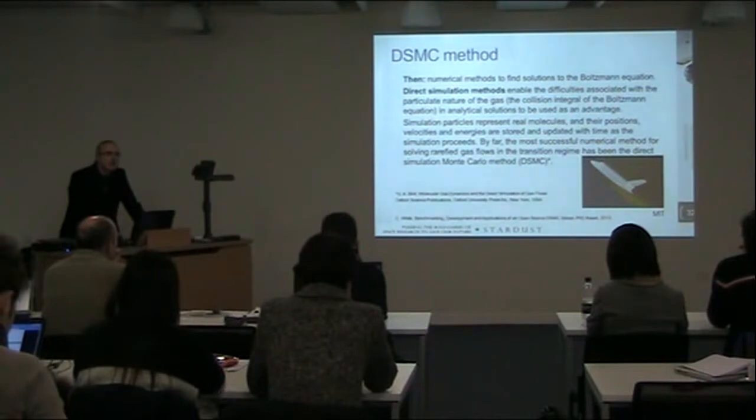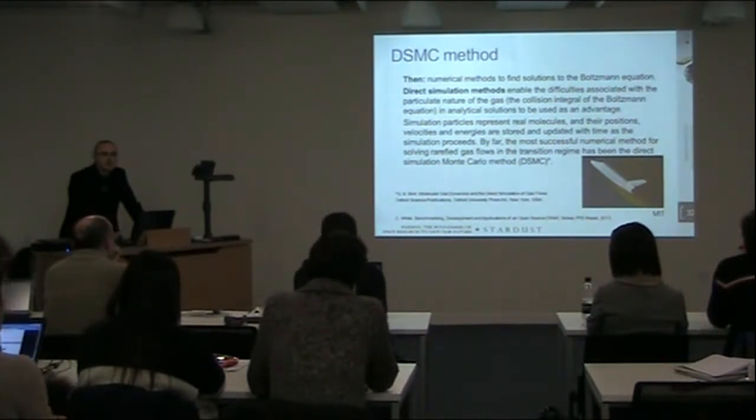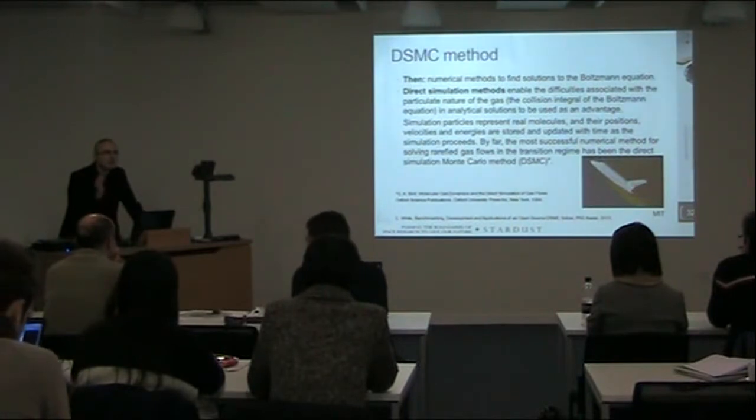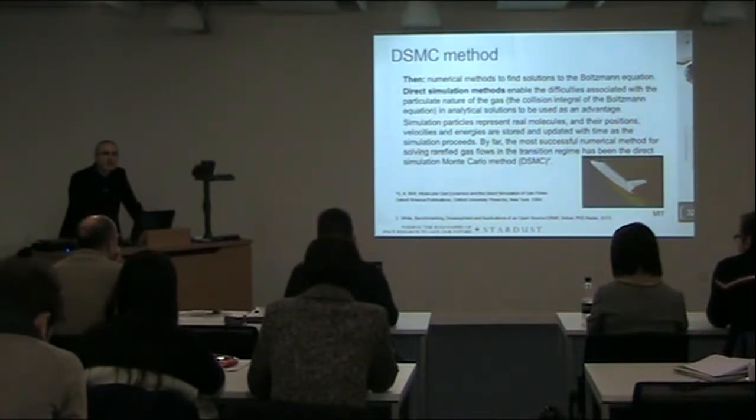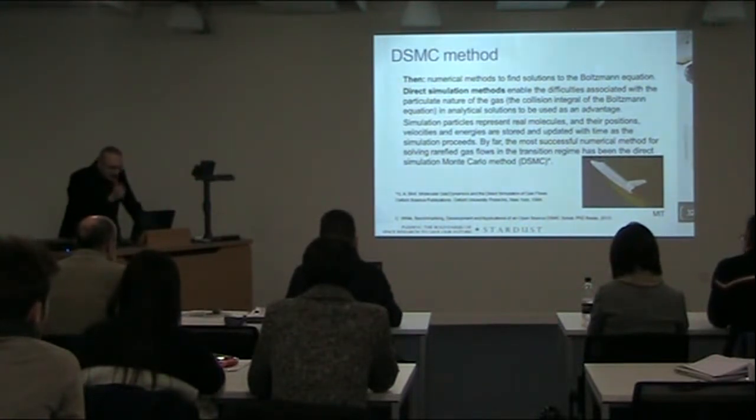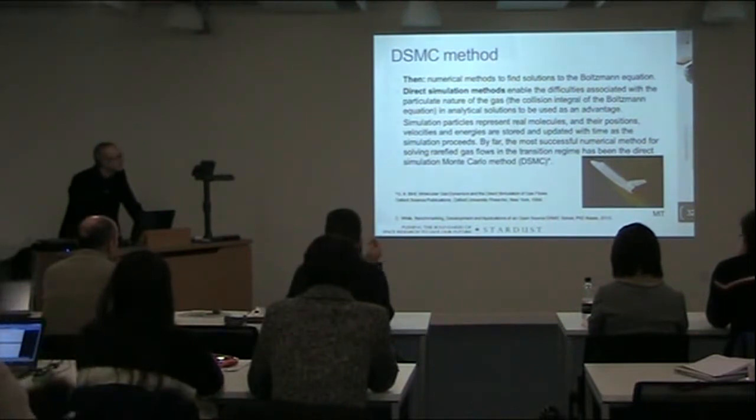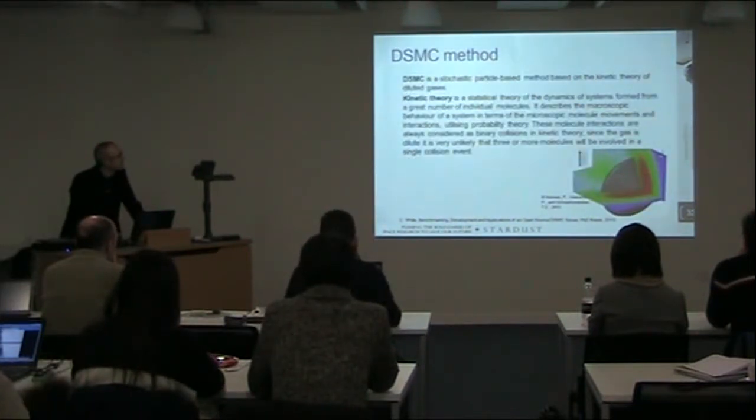There are two kinds of direct numerical simulations that can be used. One is molecular dynamics, which simulates each molecule, but it is very expensive and used only for free molecular flow. The other one is direct simulation Monte Carlo, which actually simulates a bunch of molecules, okay? A group of molecules.